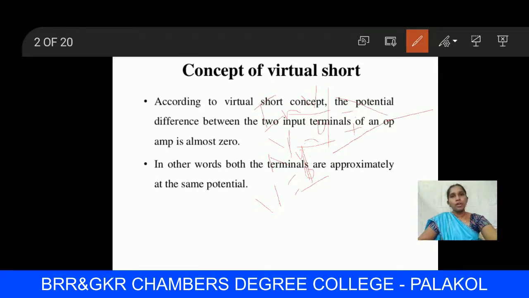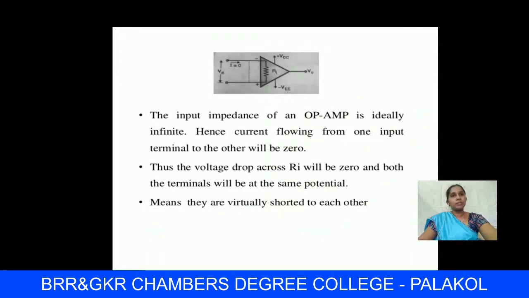According to the virtual short concept, the potential difference between the two input terminals of an op-amp is almost 0. In other words, the terminals are at approximately the same potential. For example, here I consider V1 equal to 5 volts. According to the virtual short, V2 is also equal to 5 volts. That is nothing but the virtual short.